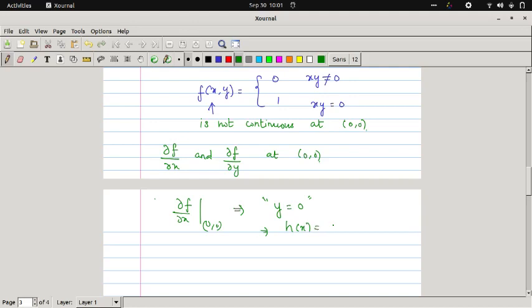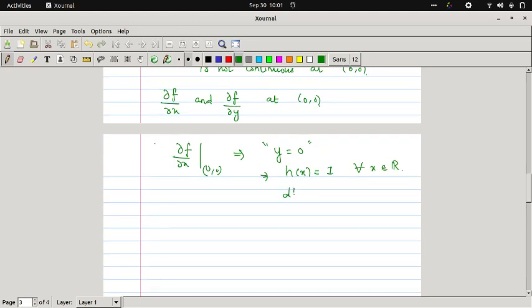Since y is 0, h of x is always 1, because x times y is 0 for any x, for all x belonging to the real line R. So dh by dx is 0 for all x in R, so dh by dx at x equal to 0 is also 0. This implies dou f by dou x at 0, 0 exists, and its value is 0.